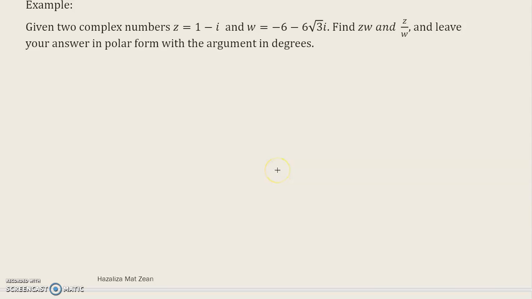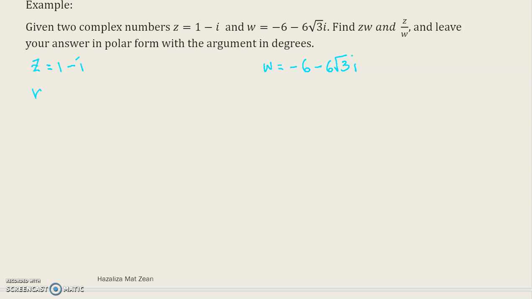Alright, so in this example, the complex numbers are given in the standard form. We have z is 1 minus i, and the other one, w, is negative 6 minus 6√3 i. Now we have to convert the complex numbers into polar form.